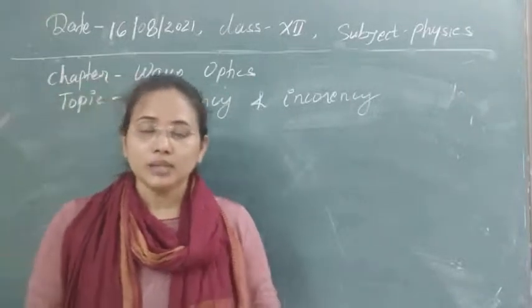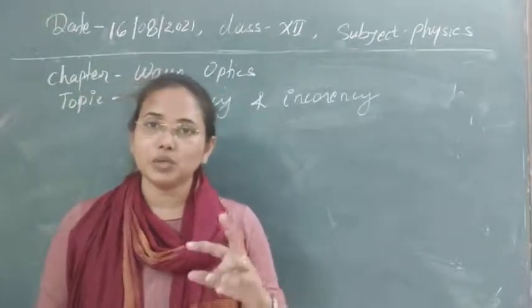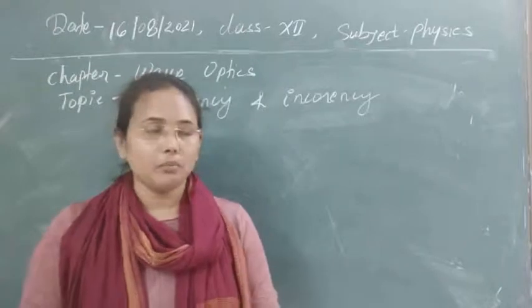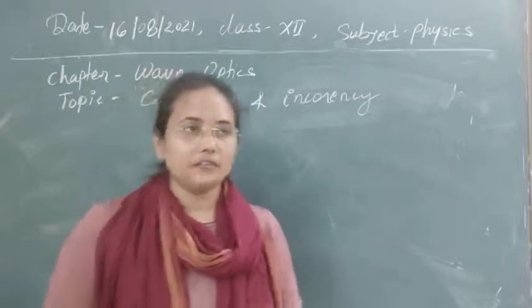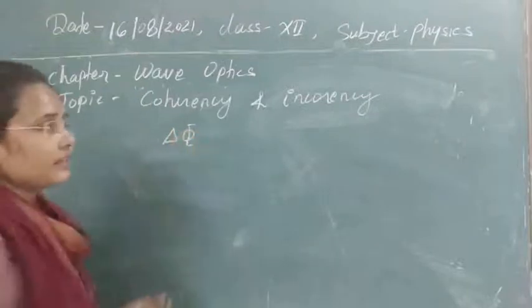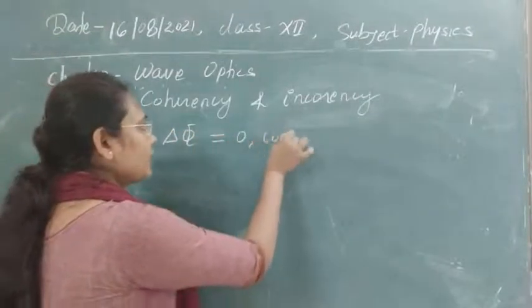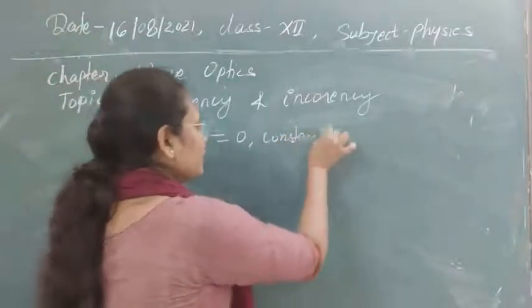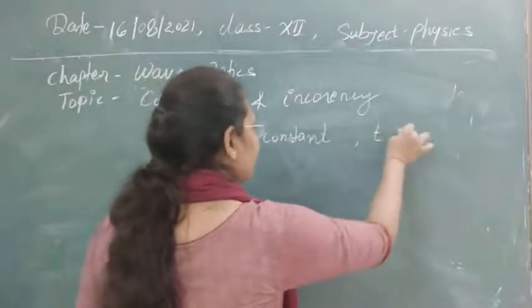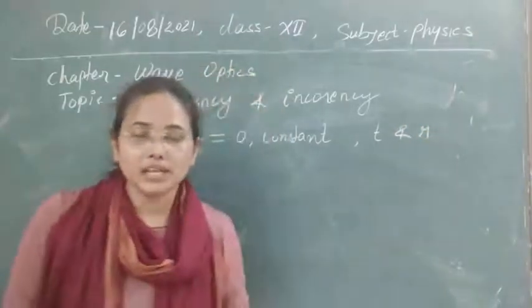Whenever you calculate the phase difference between two or more waves, if that phase difference, delta phi, is either 0 or constant with time, and also constant with space, both words are very important.